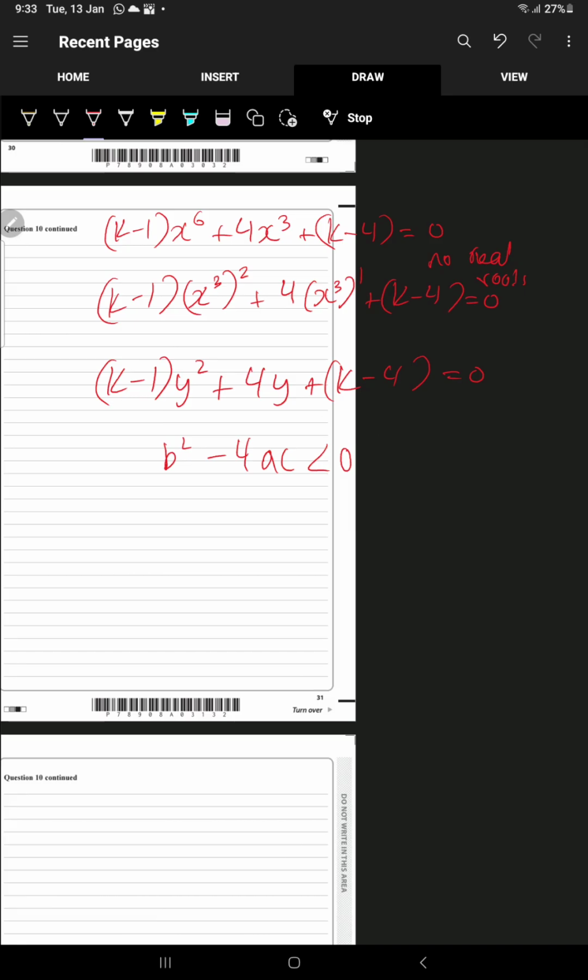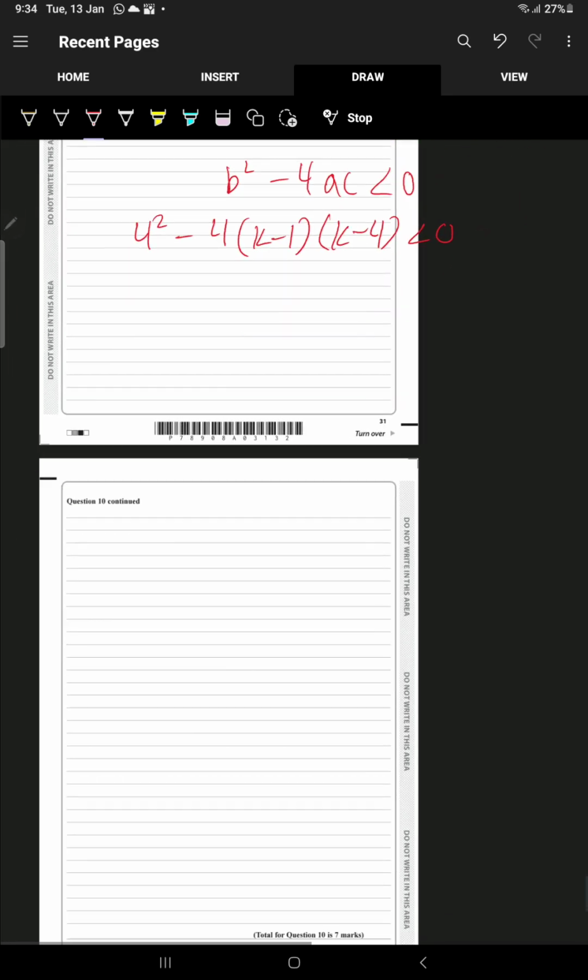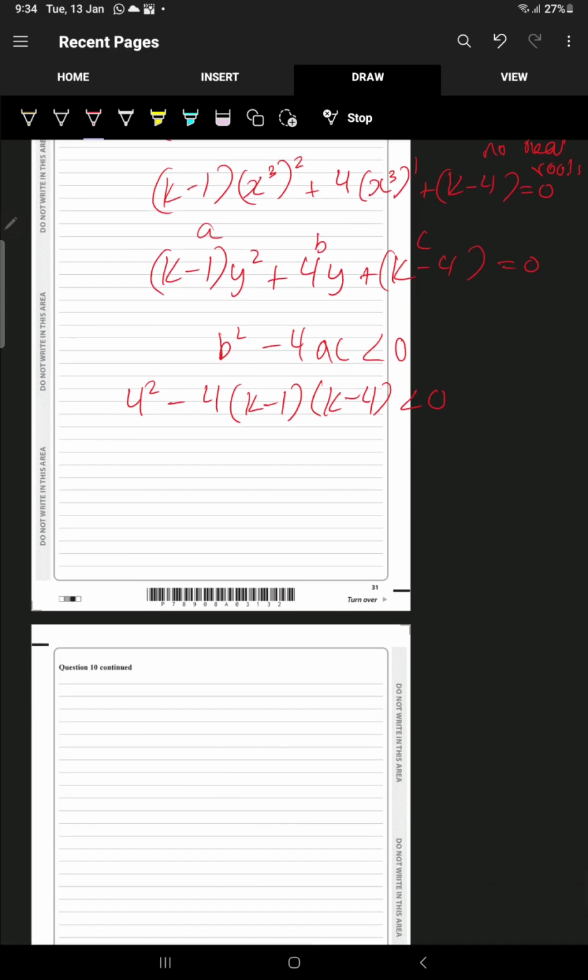Now b is 4, so 4 squared minus 4 times a, which is k minus 1, times c, which is k minus 4, is less than 0. 4 squared is 16, minus 4, expand this bracket: k squared minus 4k minus k plus 4.